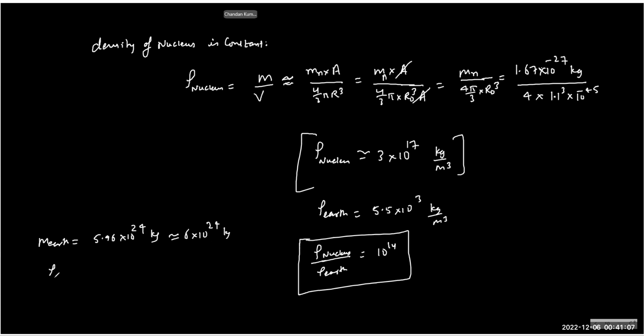So density of nucleus into volume, which is 4 by 3 pi r cube, is roughly 10 power 24. So this is 3 into 10 power 17 into 4 by 3 pi r cube.